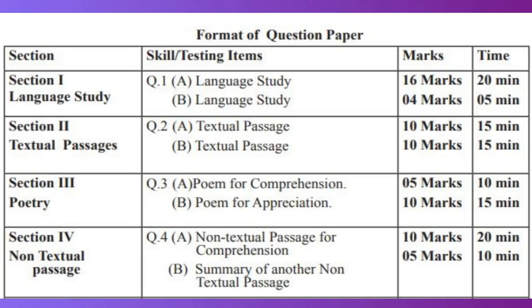Section 3 Poetry. Question number 3A Poem for Comprehension for 5 marks. Time 10 minutes. Question number 3B Poem for Appreciation for 10 marks. Time 15 minutes. Section 4 Non-Textual Passage.